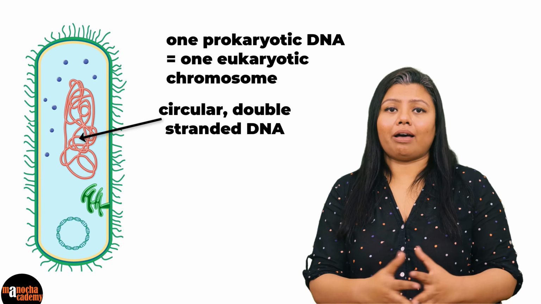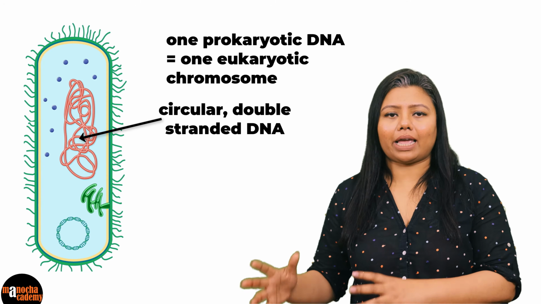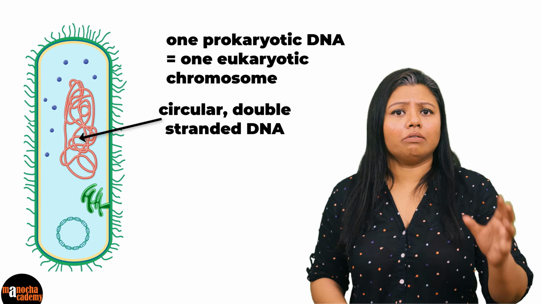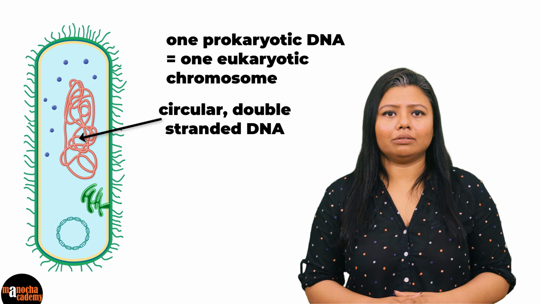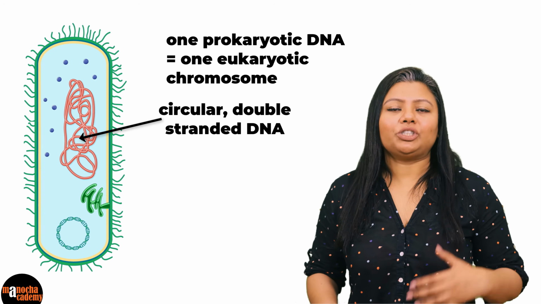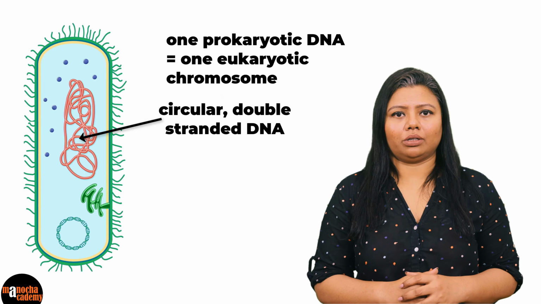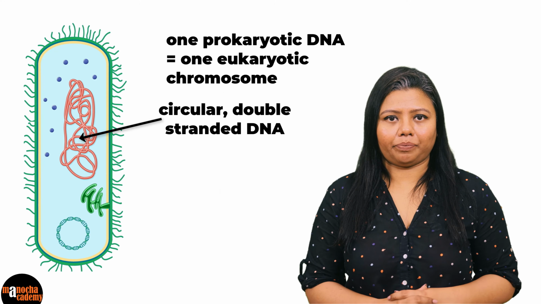So you have 46 chromosomes in all the cells of your body except egg or sperm, and each of these chromosomes contain one DNA molecule. In the bacterial cell, imagine that they have one chromosome, which means one DNA molecule, but they do not have a chromosome structure. They only have the DNA without any protein.